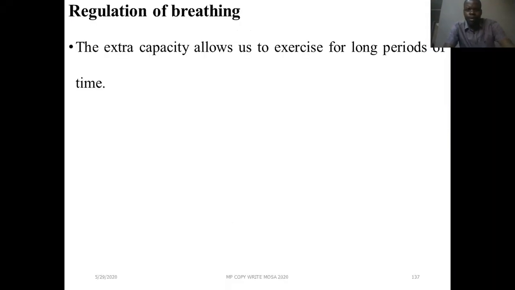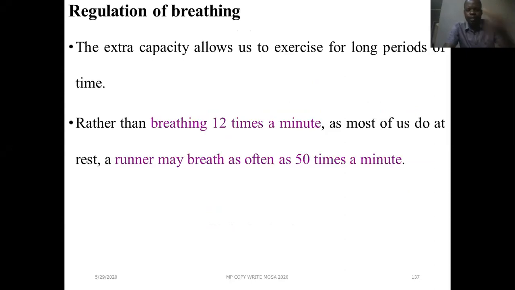So the extra capacity allows us to exercise for a long period of time rather than breathing 12 times a minute as most of us do at rest. An athlete may breathe as often as 50 times a minute.